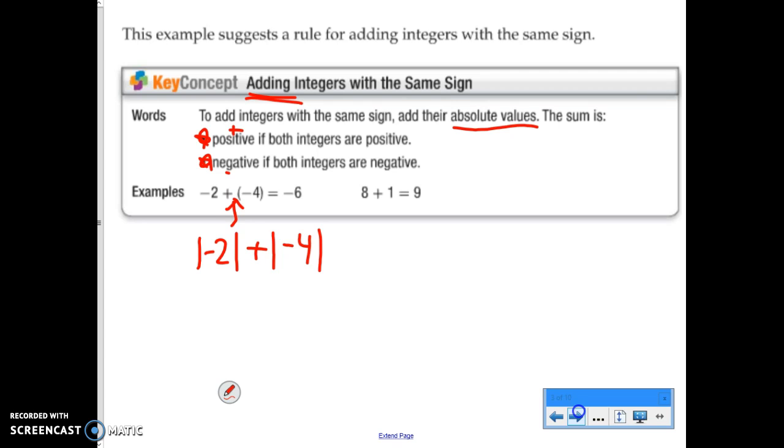So I get 2 and 4, and if I add those together, remember you use the same sign in your sum, so I get a -6. Over here to the right, I have 8 plus 1. Well, everyone in here should know you're still going to carry that same sign. Really, this is a +8 and a +1, and 8 plus 1 is 9. Okay.